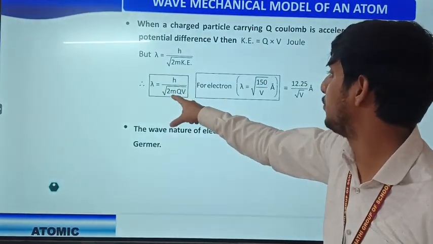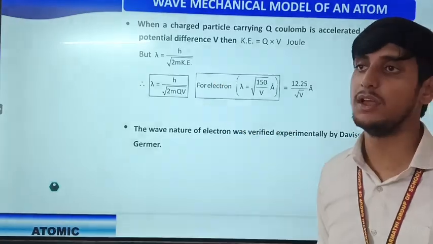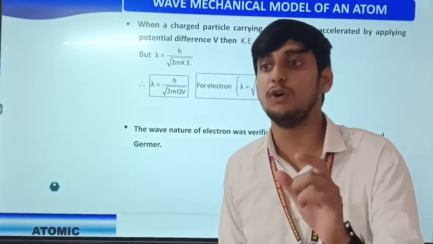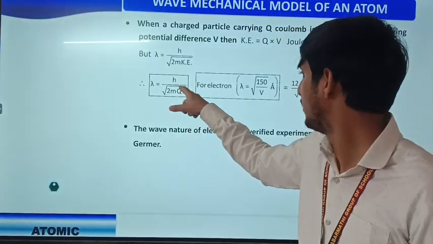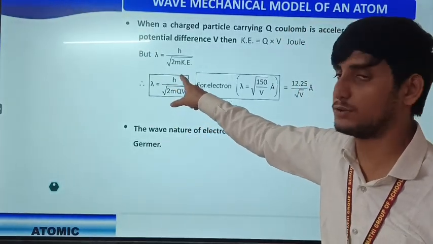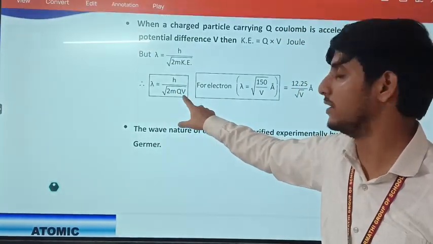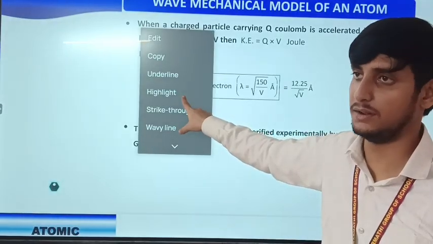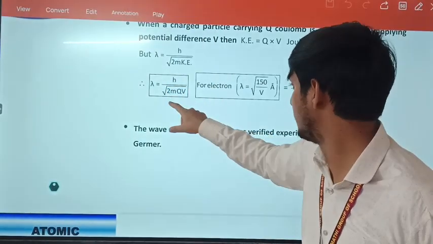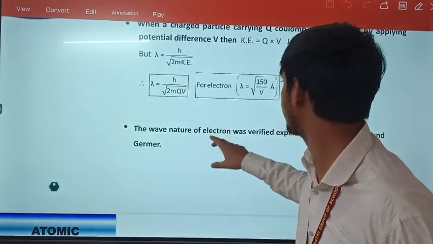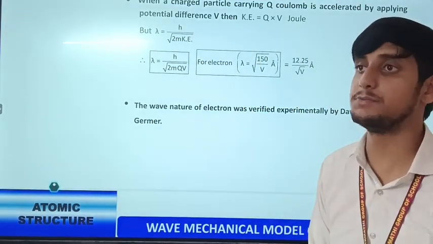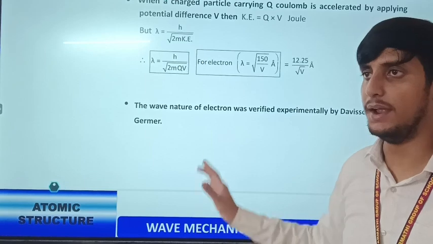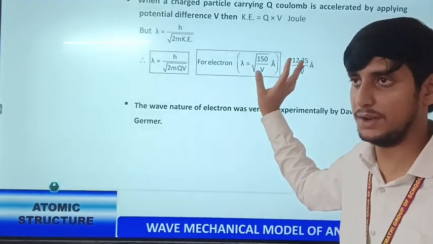Lambda equals h upon under root 2mqV. For electrons, after putting in the values of the constants and mass, we get lambda equals under root 150 upon V, where V is the potential difference in volts, and the wavelength is in angstrom.